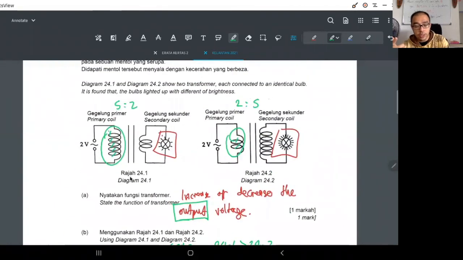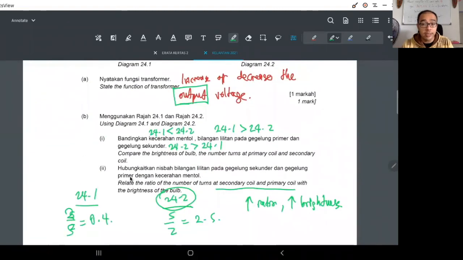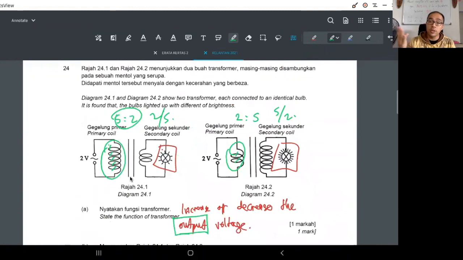This ratio is 5 over 2, this ratio is 2 over 5, secondary to primary, which is what the question is asking. So 24.2 is 5 over 2, which is 2.5. 24.1 is 2 over 5, which is 0.4. Small ratio, because it is a step down transformer.